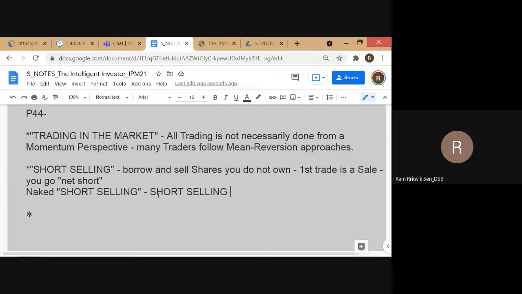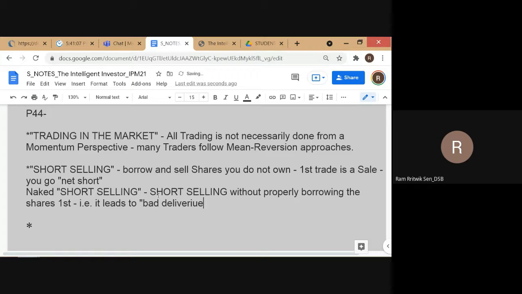So naked short selling is short selling without properly following the procedure, without properly borrowing the shares first. That leads to what we call bad deliveries, bad deliveries or non-deliveries.